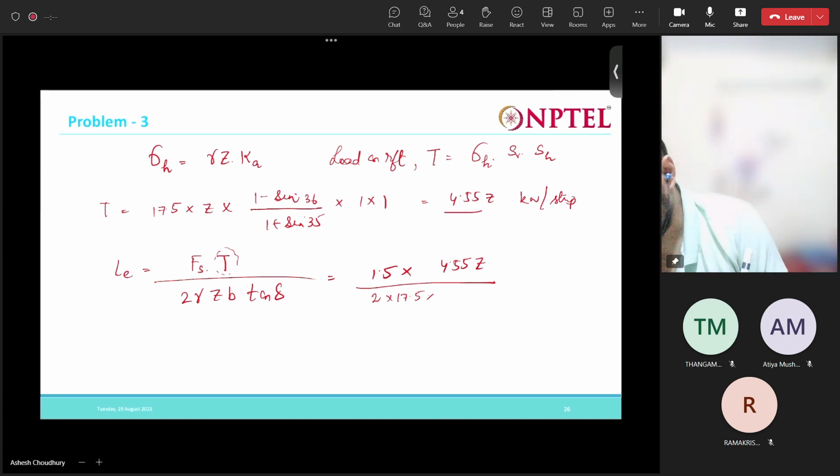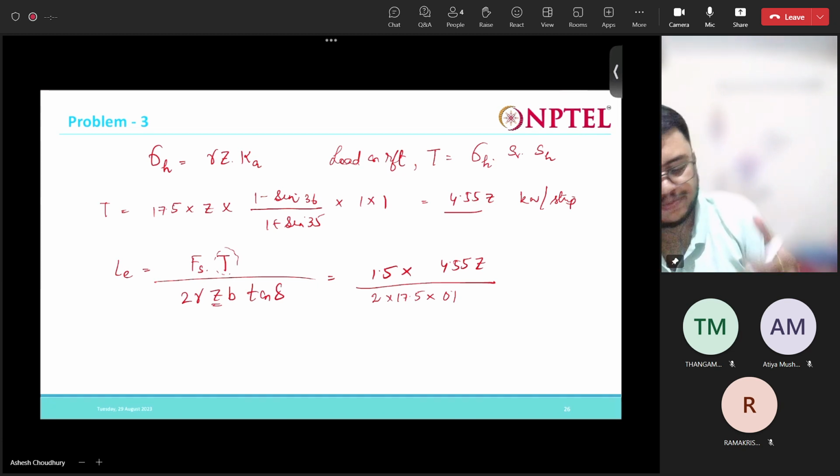What is Z? Z is Z, we'll put Z. 2 into gamma into 0.1.